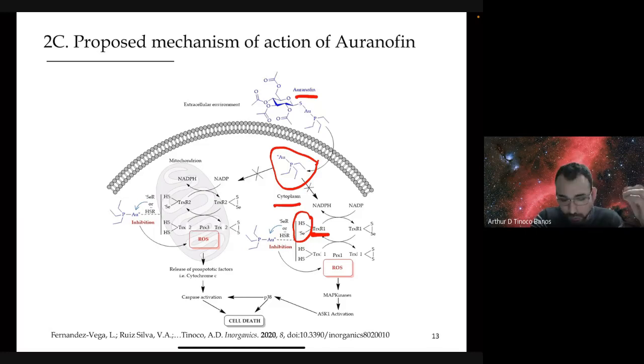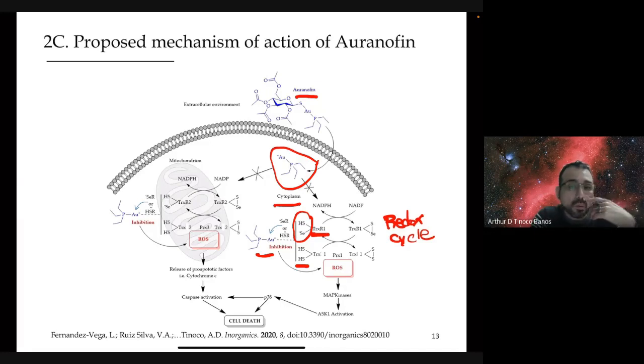As a consequence of metallating those groups, it affects the redox cycling that this particular enzyme facilitates. And it's also believed that the gold can affect thioredoxin itself in a very similar capacity.